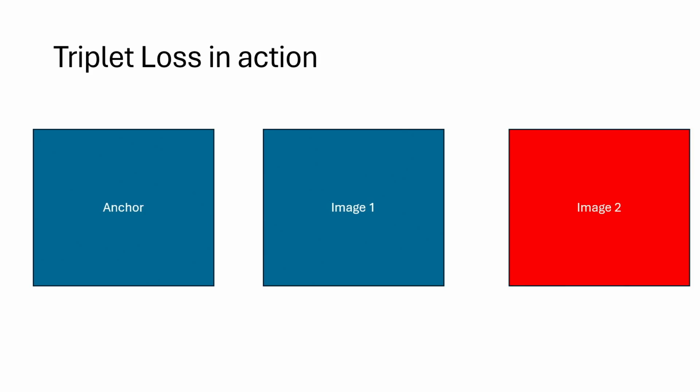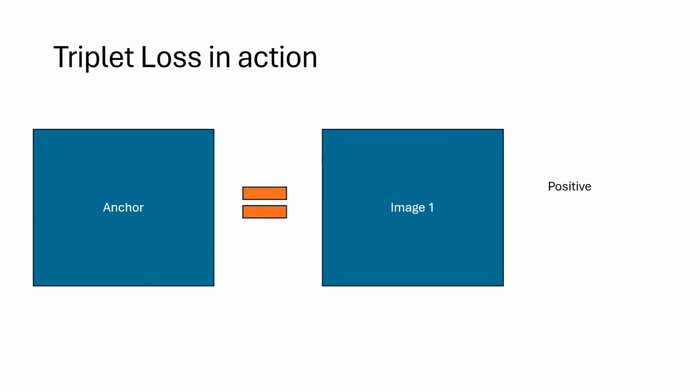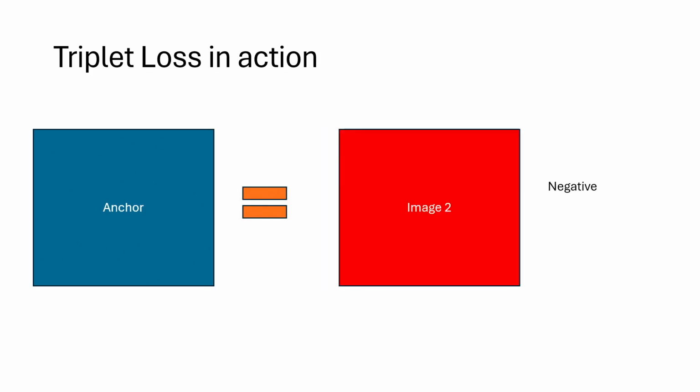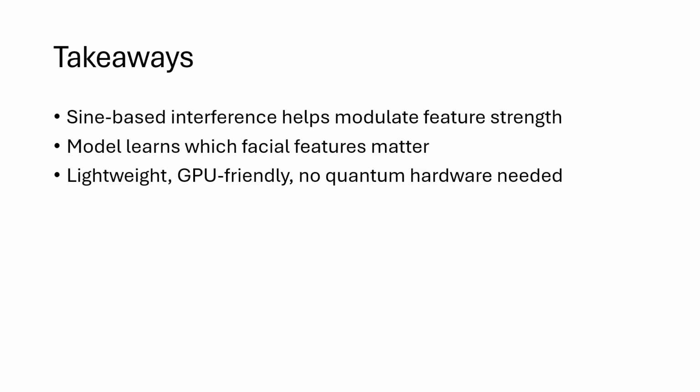But anyway, kind of the same thing. The value would be positive if we're talking about the same person, and negative if we're talking about a different person. But the main takeaway here is that I give credit to two things.